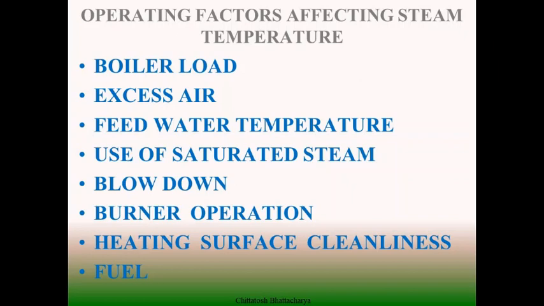Naturally it depends upon the boiler loading and how the combustion is controlled with excess air, because the product of combustion within the boiler is carrying the heat, and if it is diluted with excess air, the dry flue gas loss increases.